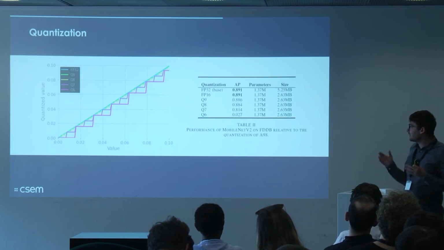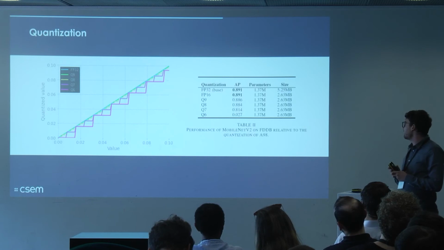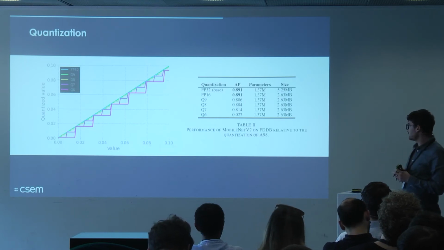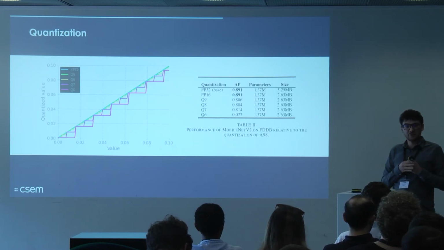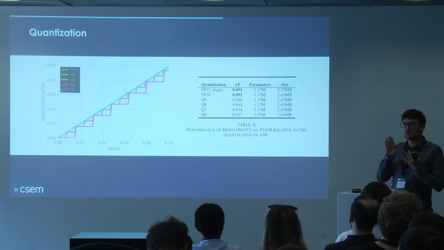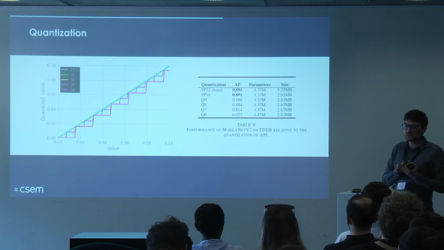If you go even lower, using 6 bits, then you lose a lot of information, and the network actually can't learn anything. The average precision, just to mention, is the score we use to score the face detection performance, and it's the overlap between the true bounding box and the predicted one.